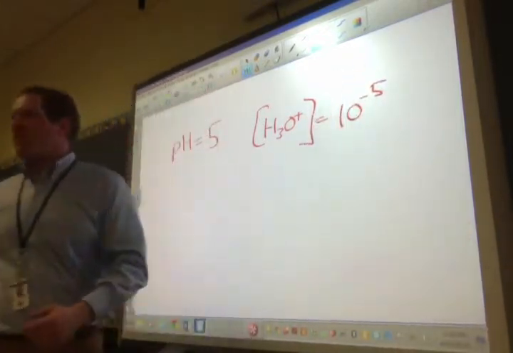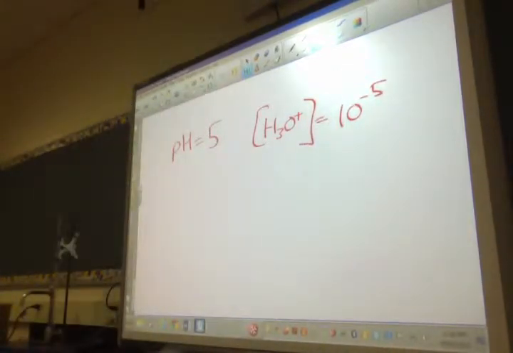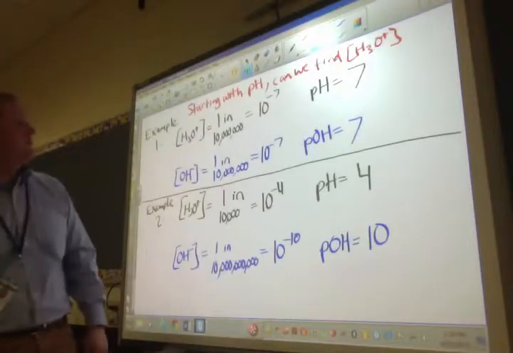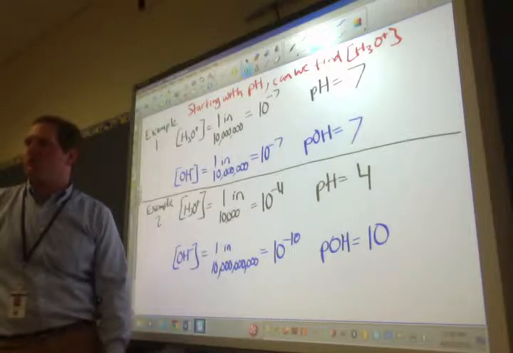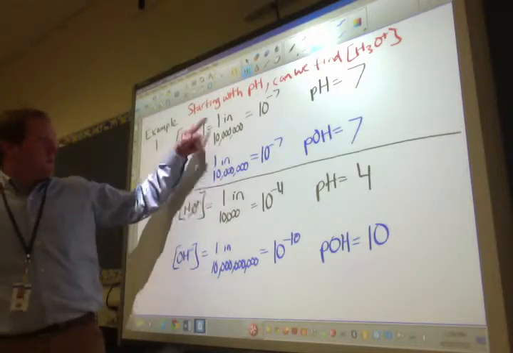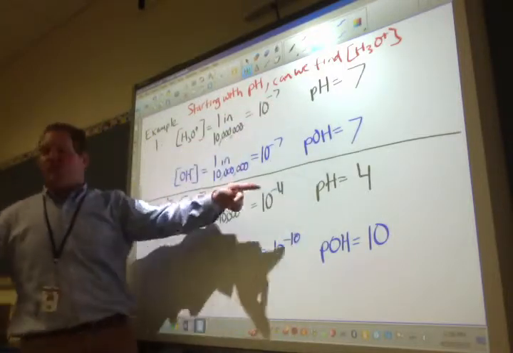That's exactly right. The formula we use for this: hydronium ion concentration equals 10 to the negative pH. Wait, so different concentrations of the hydronium can be different pHs? Yeah, this is pH of 7, this is pH of 4.